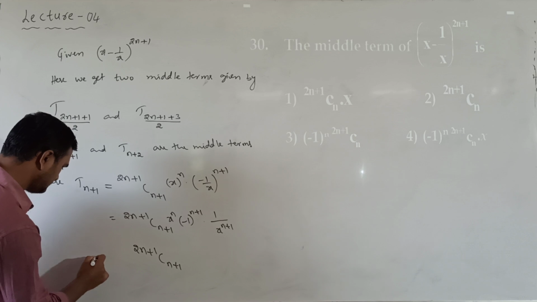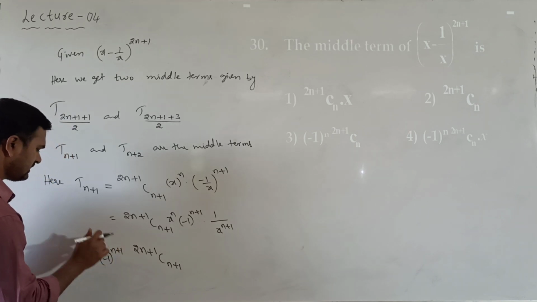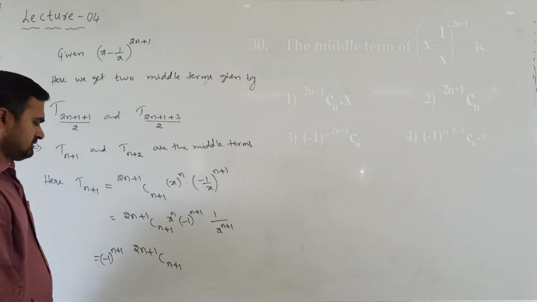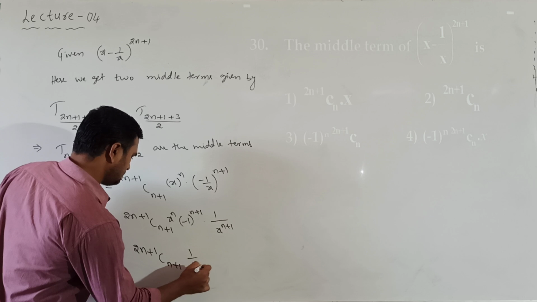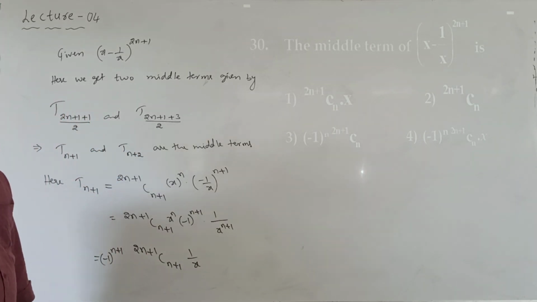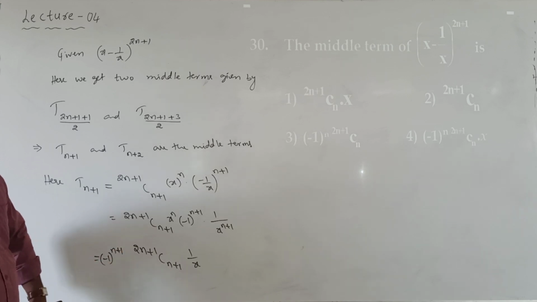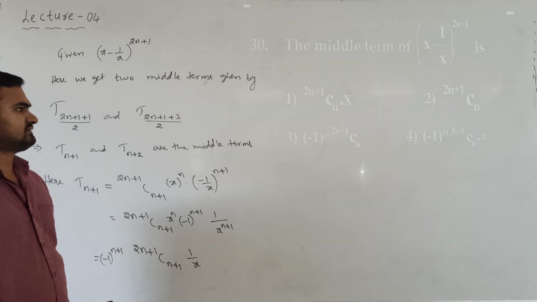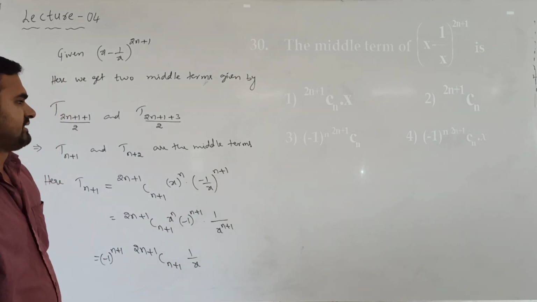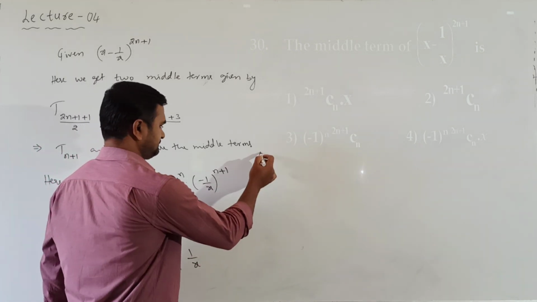Because we don't know whether n is even or odd, we keep minus 1 power n plus 1 into 1 by x. So this is one middle term. Now observe the options. Do we have this option? Minus 1 power n plus 1 is not there, so we will find the other middle term also.